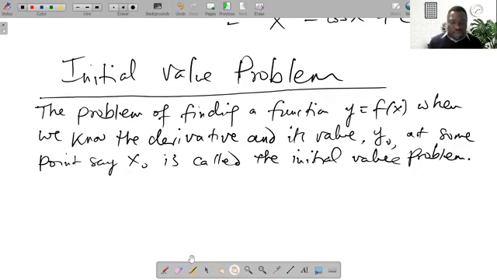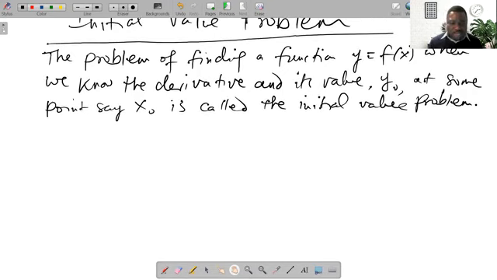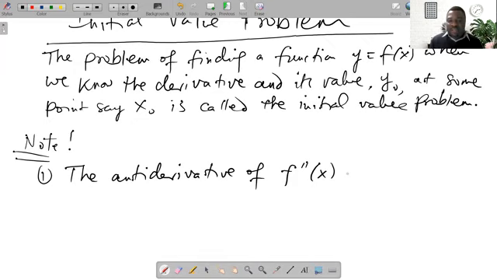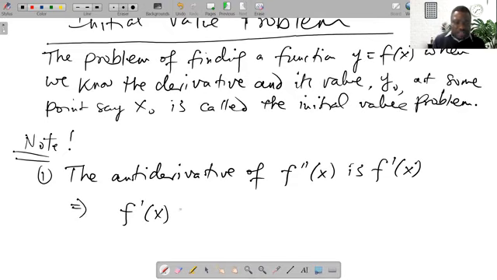Okay. Now I'm going to do some examples, but before we do that, let's take note of these ones. So note: 1. The antiderivative of f double prime of x is f prime of x. Anytime you have a second derivative, its antiderivative is the first derivative. So in other words, f prime of x should be equal to what?